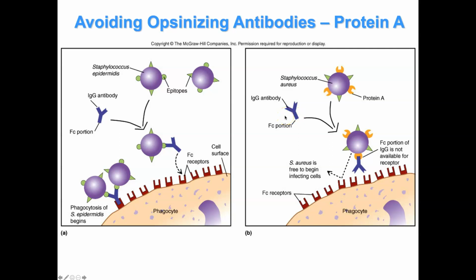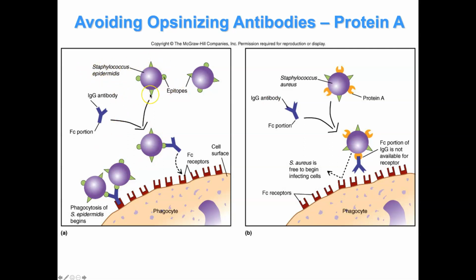This results in the bacteria binding the IgG in the wrong orientation, which disrupts opsonization and phagocytosis. See, Staphylococcus aureus has its epitopes, but in addition, it has this protein A that binds the antibody in the wrong orientation, therefore disrupting opsonization and phagocytosis.